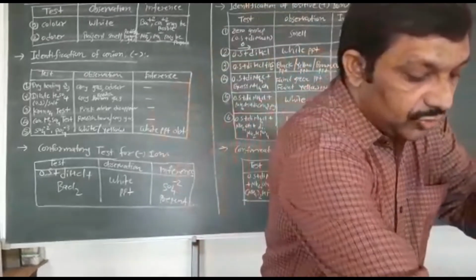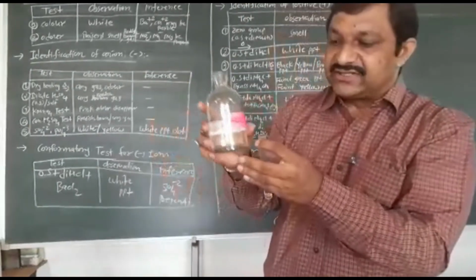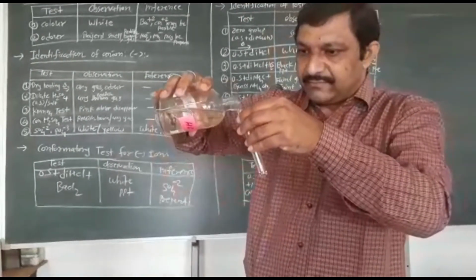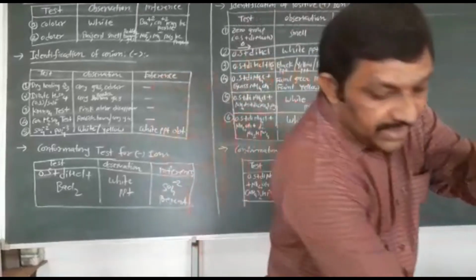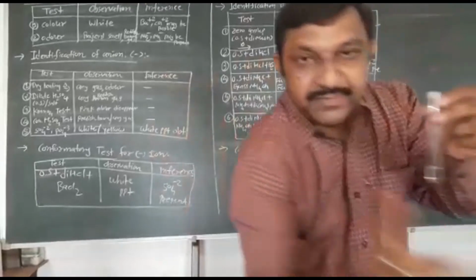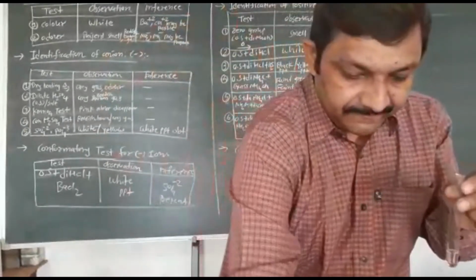Plus you have to add dilute sulfuric acid. So here is your dilute sulfuric acid. Clear? Plus you have to add barium chloride. So here is your barium chloride.